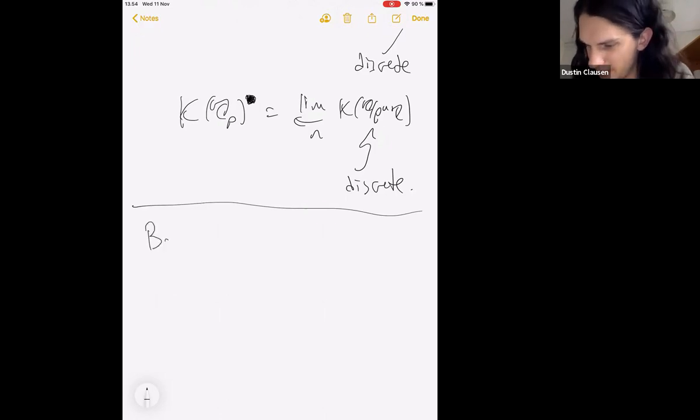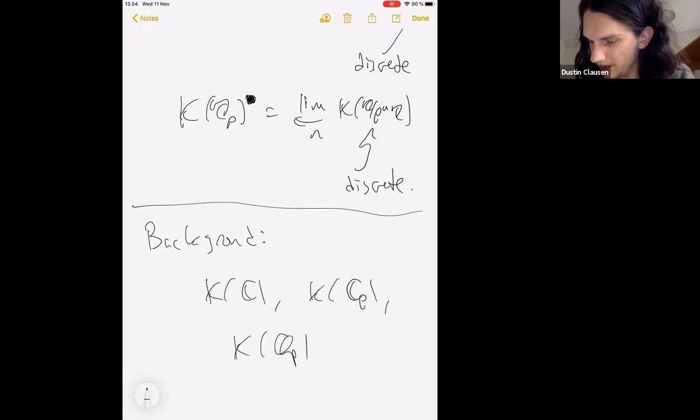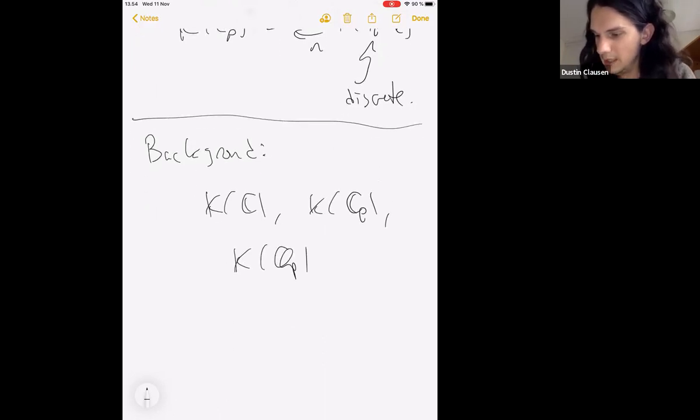Maybe I'll say the background to these kinds of questions is that if you take K theory of complex numbers, or K theory of the p-adic complex numbers, or K theory of Q_p or something, these are big and unreasonable.